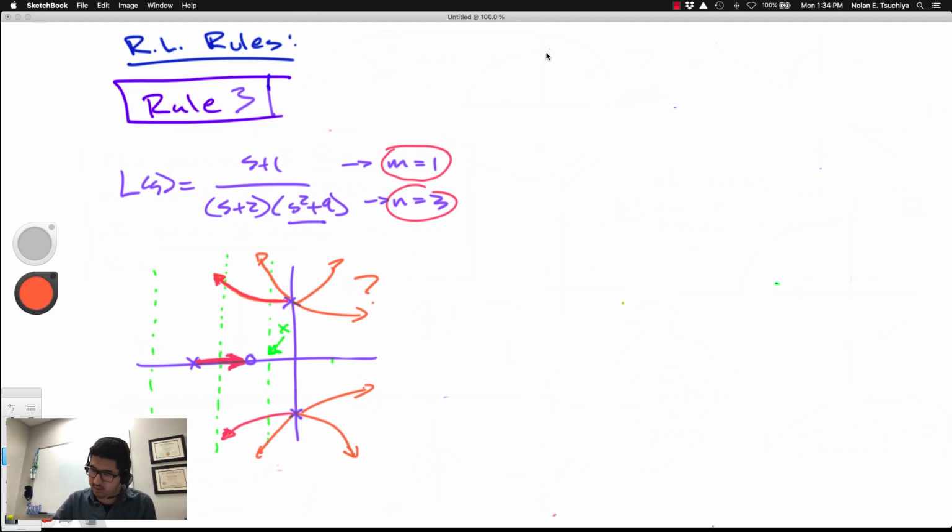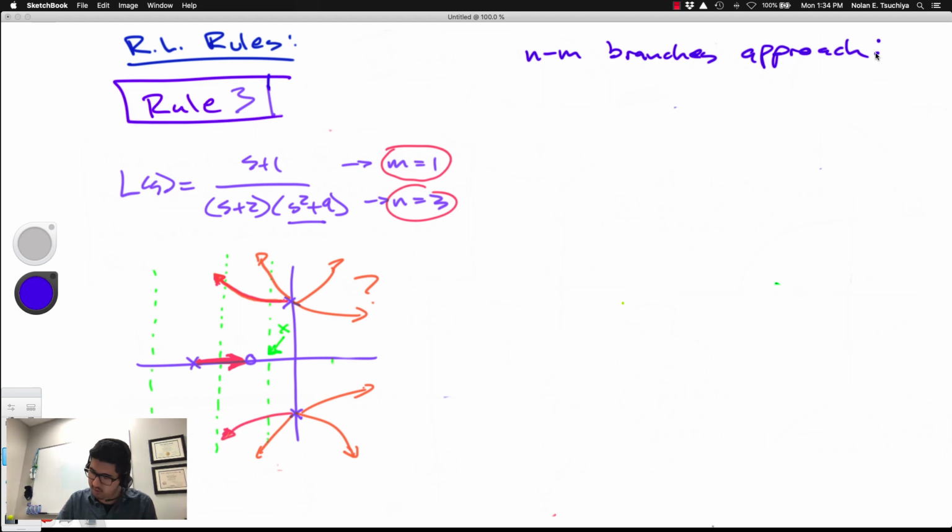Okay, so rule 3 says, let me go back to my standard color scheme here. Rule 3 says that n minus m branches, in other words, the branches that go to infinity, those approach some asymptotes.